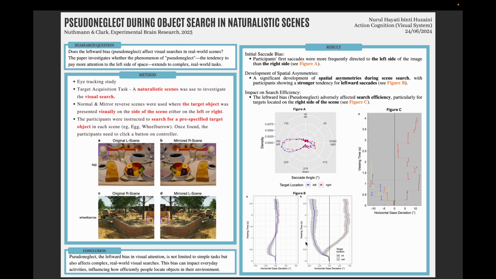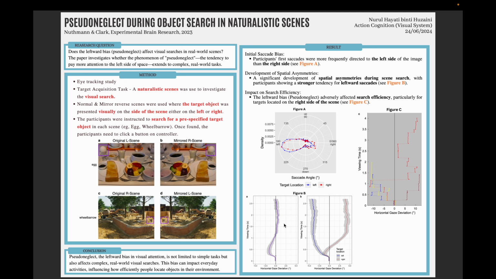The study employed an eye-tracking method where the participants were instructed to search for a pre-specified target object, such as an egg or a wheelbarrow, in a series of naturalistic scenes. Both normal and mirror-reversed scenes were used, with the target object placed either on the left or the right side.